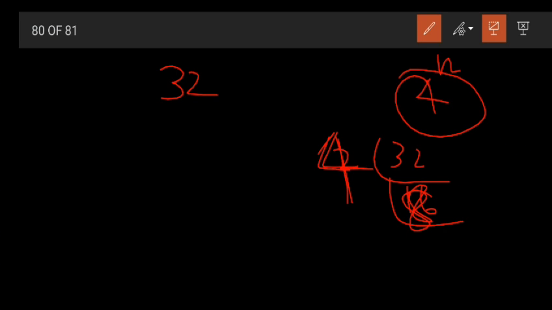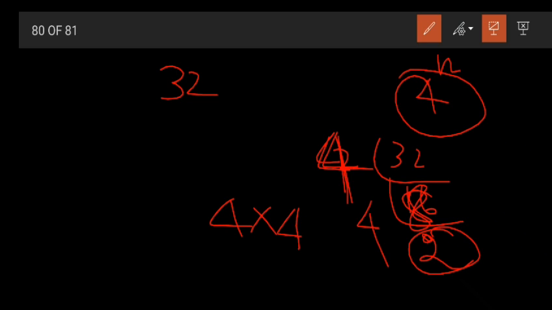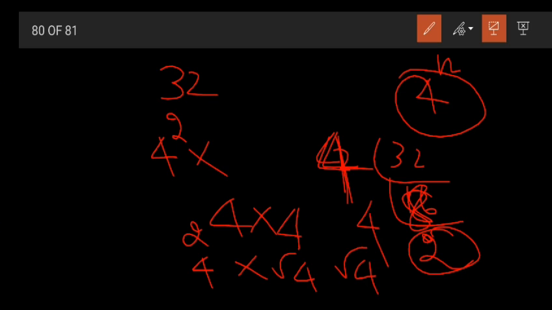So when you divide by 4, you will get 8. Again, when you divide by 4, you will get 2. So this is 4 into 4, and this 2 can be written as root 4. We know that the positive root of 4 is 2. So this is 4 square into root 4. 4 square into root 4 is 4 to the power 1 by 2.